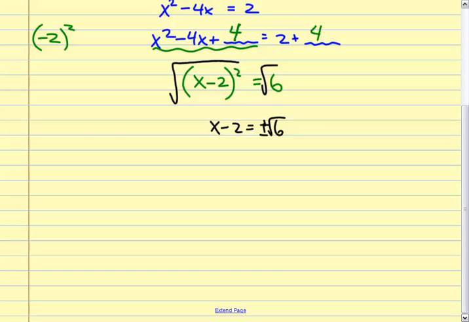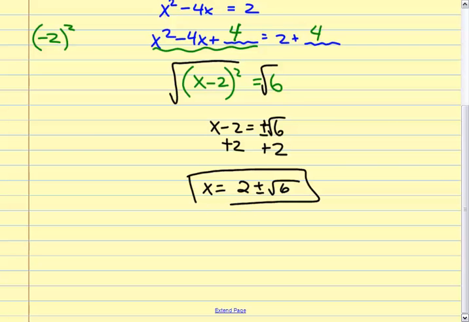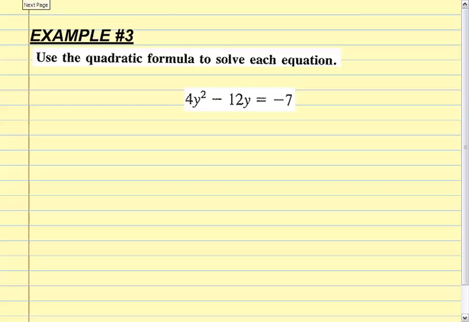Add 2 to both sides because I want to get x by itself, and it's going to give me x is equal to 2 plus or minus root 6. Okay? And that's our answer. Done. And I needed to do completing the square on that one because it asked me to use completing the square. So if it says use a certain method, I want you to use that method on the test tomorrow. Okay? Next up, number 3 says use the quadratic formula.